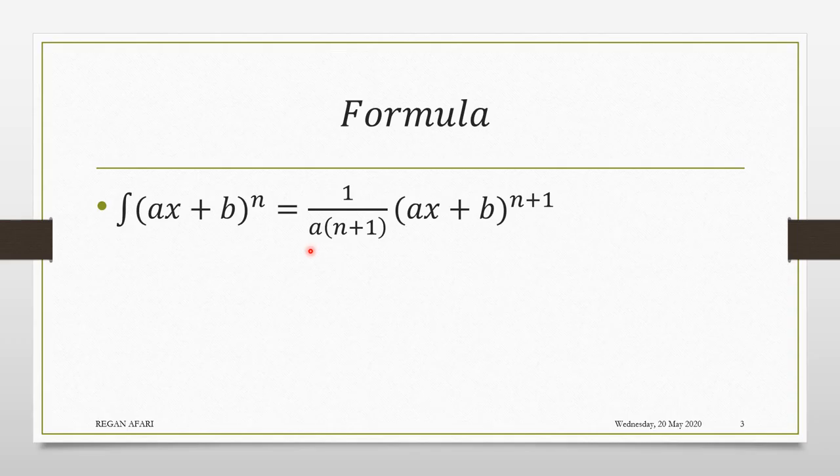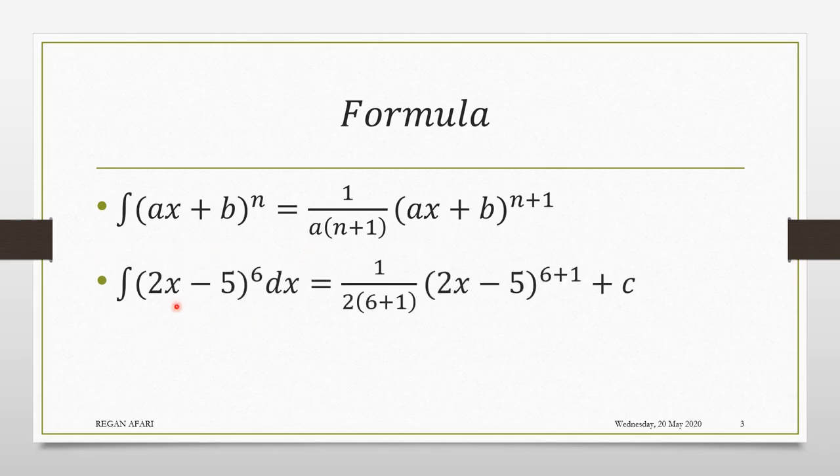Now let's solve an example. We have something like this. We write the entire function, and we add 1 to the power. Then we divide by it. Then the coefficient of the x term, which is 2, will also come and divide.